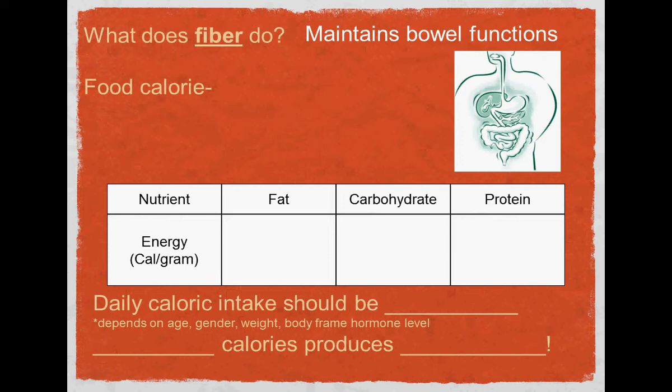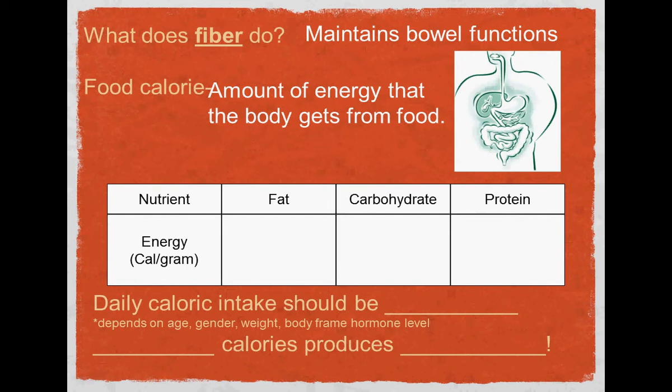Yeah, it's a measurement really of energy. A calorie is a measurement of energy that your body can get from foods that you eat. When you eat a food, you're getting some energy out of that, and the number of calories in that food tells you how much energy you would get.